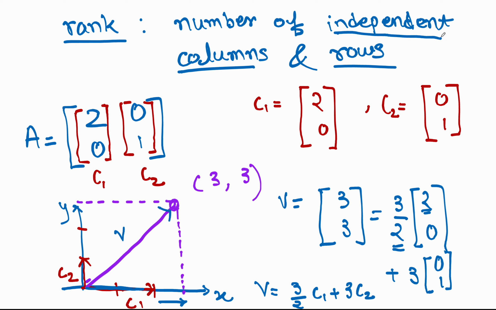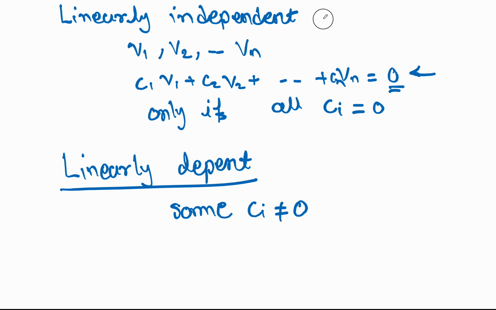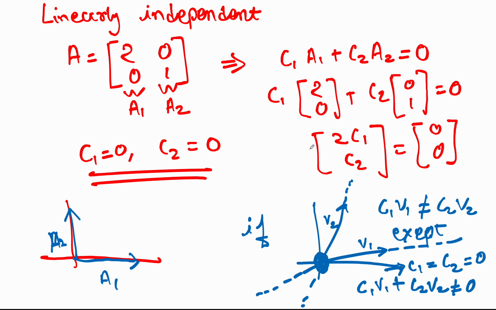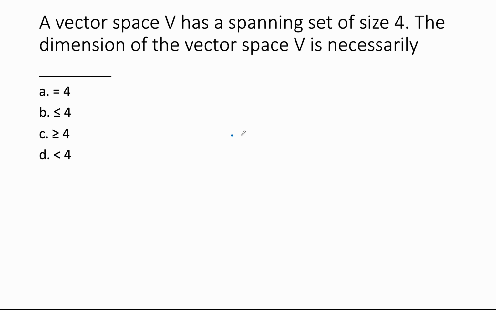It gives the number of independent columns and rows, and the next concept that we saw, linearly dependent and independent vectors, how for the 2D case, with 2 vectors only, we saw some examples of when they are independent and when they are linearly dependent, and with that we were able to answer the question. Next we will see the question.